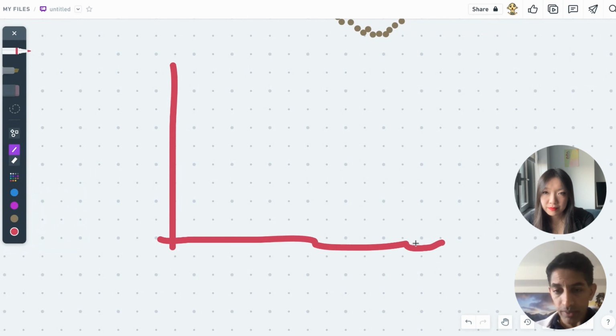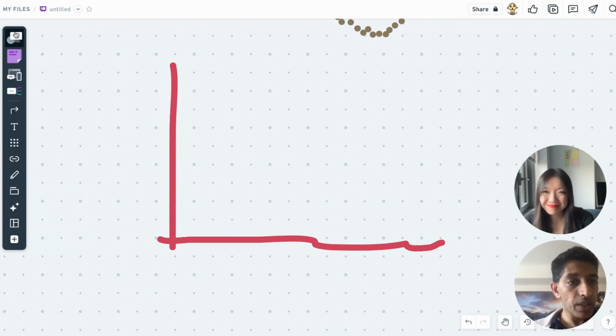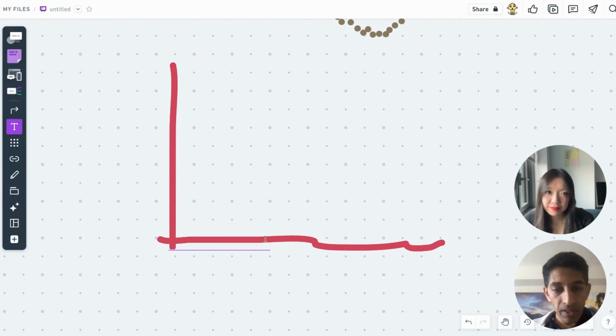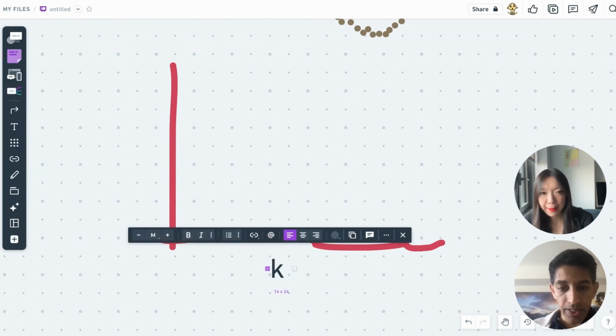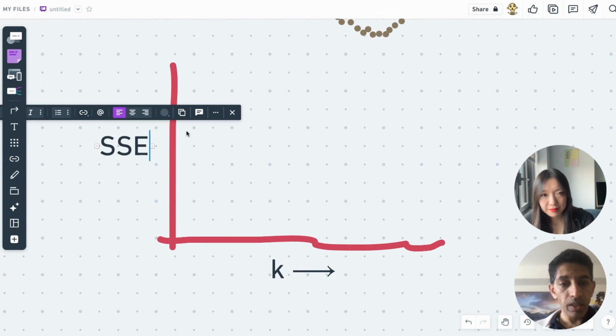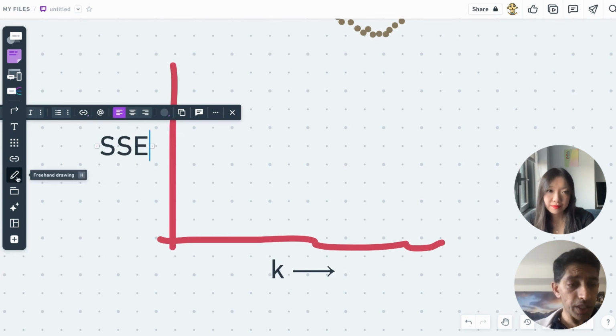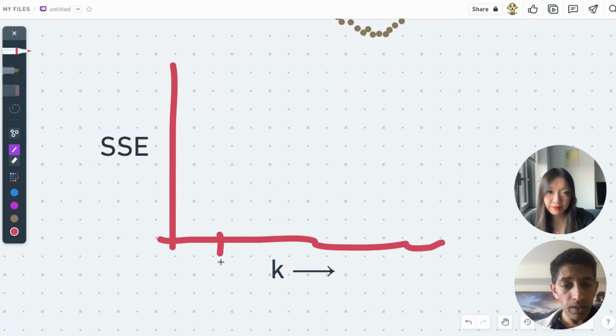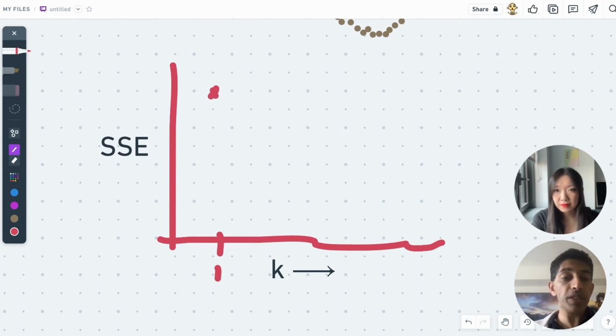Ignore the fact that my axes and straight lines are not straight. This is the K value on the x-axis, and on the y-axis, I'm attempting to plot SSE. At K equals 1, and of course K values are discrete choices, we have some value that is the sum of squared errors from the center of gravity of all the points.